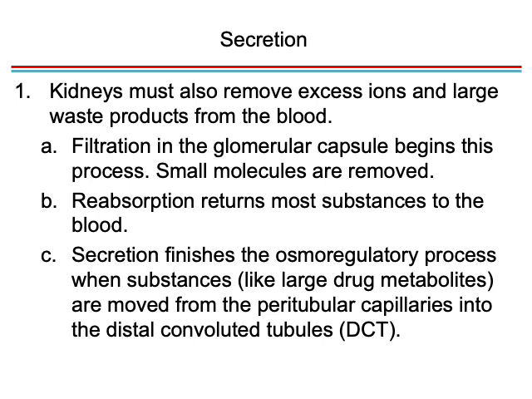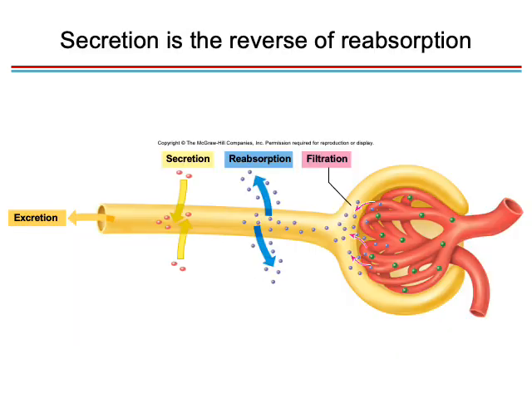The placing of material in the blood back into the filtrate within the distal convoluted tubules before it goes out via the urine. Again, just showing you that secretion can be defined as the reverse of reabsorption. We are placing material back into the filtrate.